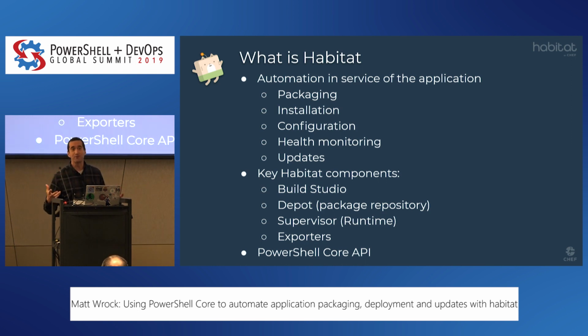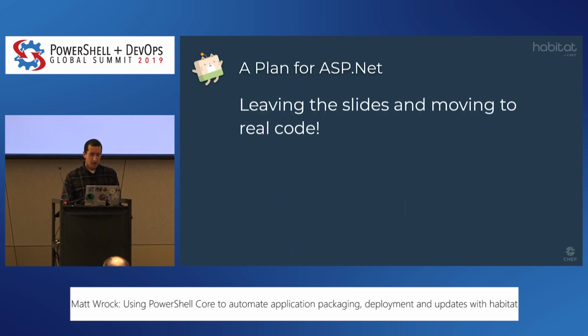We know exactly what version of PowerShell you're running to use our automation, so we don't have to have all this crazy logic of, well, gee, are you on this version of Windows? Are you using this version of PowerShell? It makes some of that super easy. We've had to submit a couple of PRs into PowerShell Core, and that's been awesome too, to be able to do that. We can build PowerShell Core on our own, so that's the key API into Habitat and what we'll be looking at.